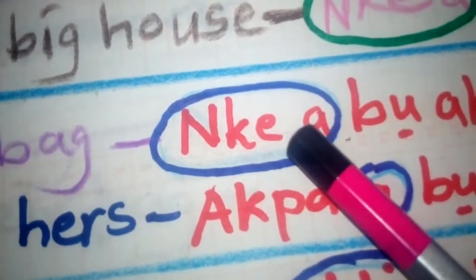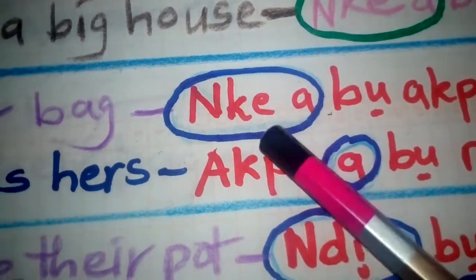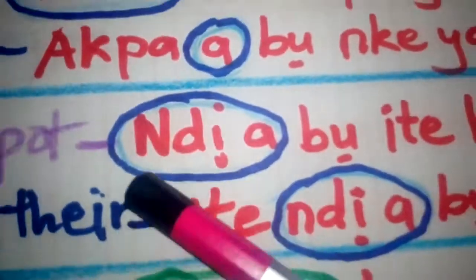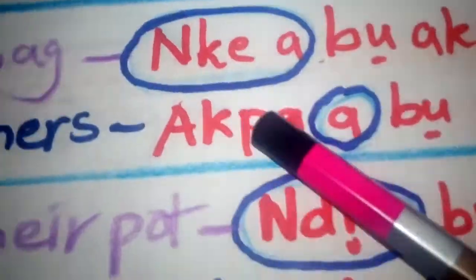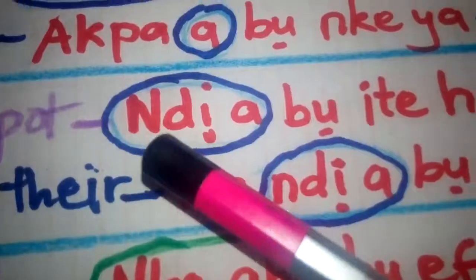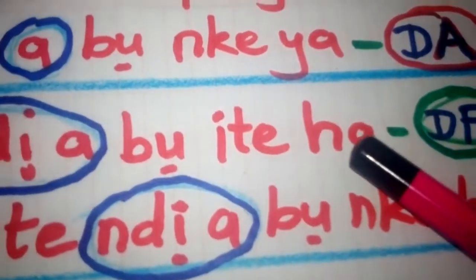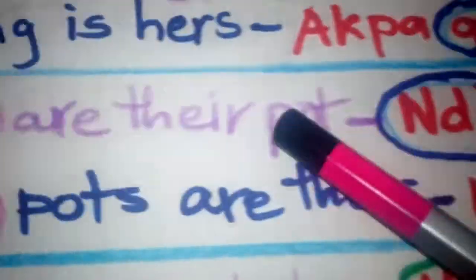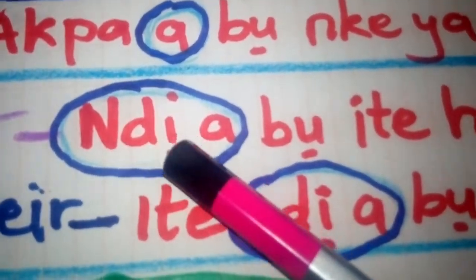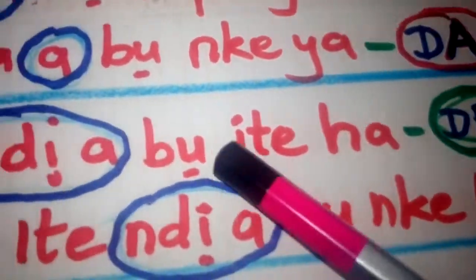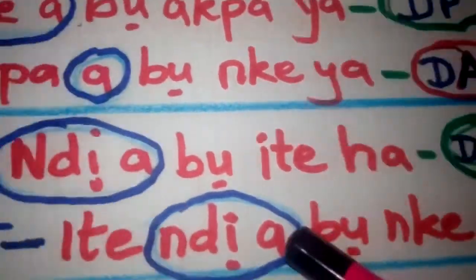Like here, it starts the sentence, so you cannot remove nke. The Igbo language is like that. So ndia bo is the linking verb. Ndia bo ite ha. These are their pot. At the beginning of the sentence, before the ite, it means it's a demonstrative pronoun.